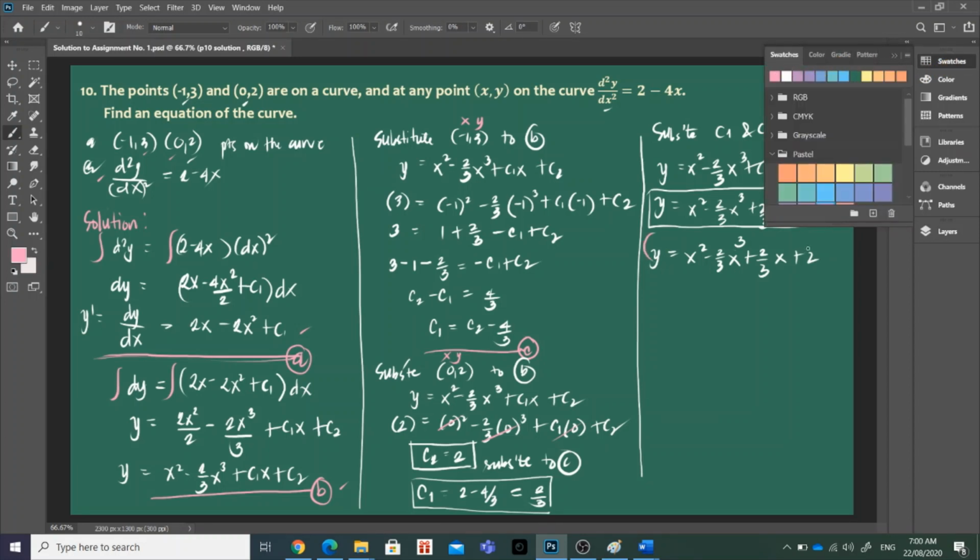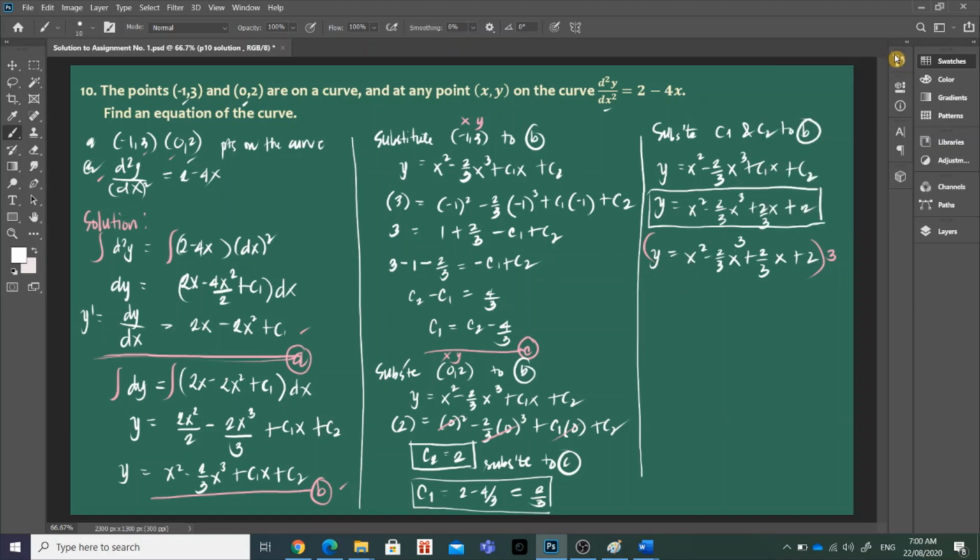Tanggalin natin yung denominator na 3 para malinis. So 3y is equal to, unahin natin yung mataas ang power para descending siya. Negative 2/3 times 3 is negative 2x raised to 3.